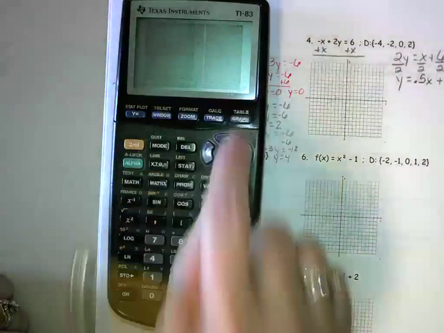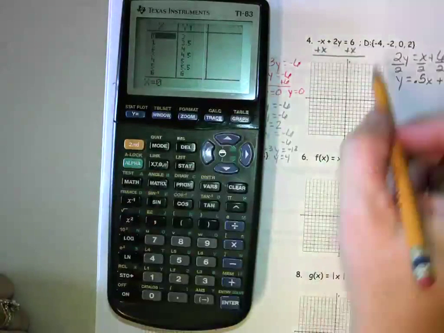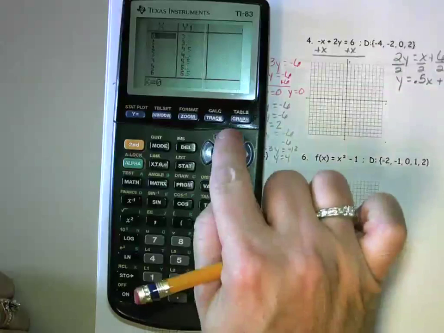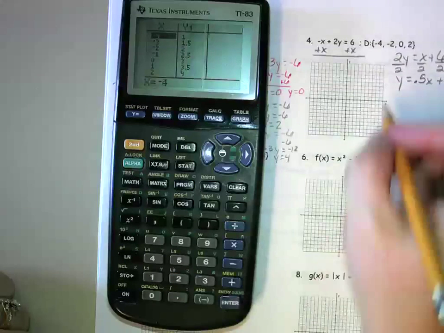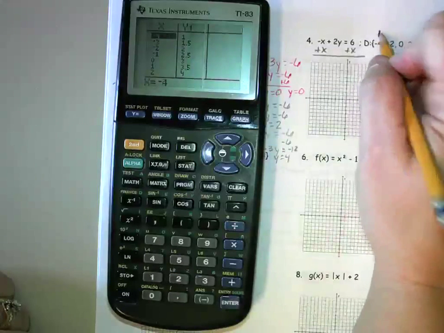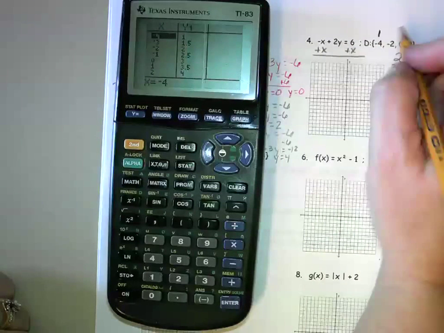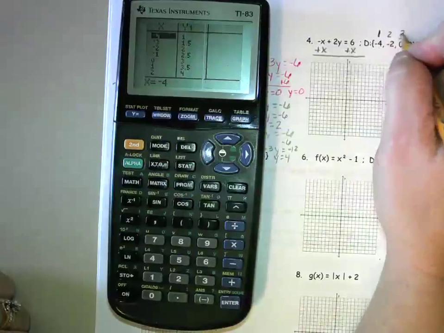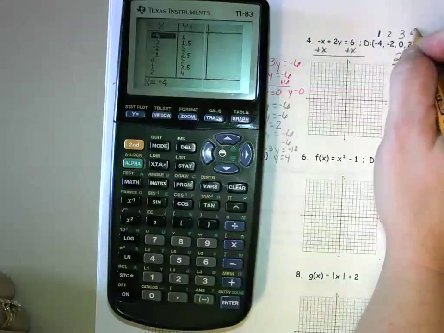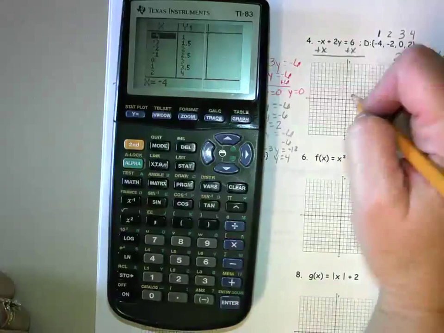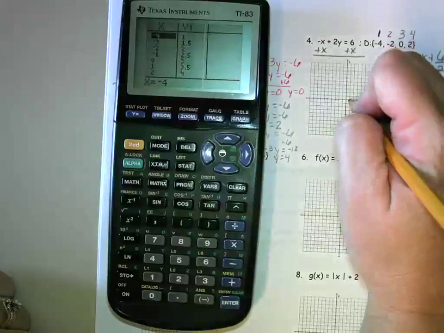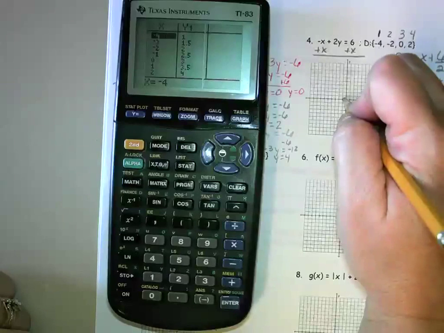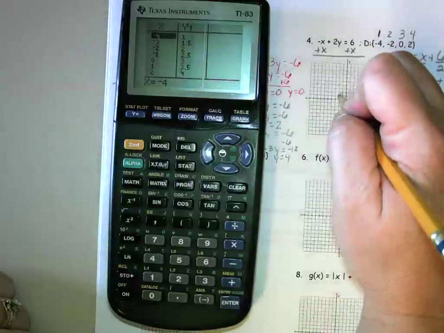And then you can do second table. Now remember, we only need to graph these points. So I'm going to go up here to a negative 4, gives me 1. Negative 2, it gives me 2. 0, it gives me 3. And 2, we get 4.